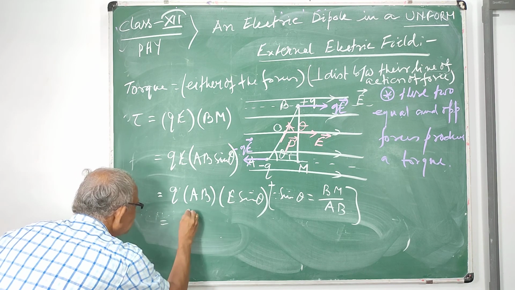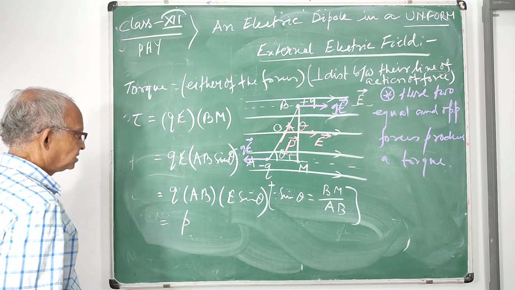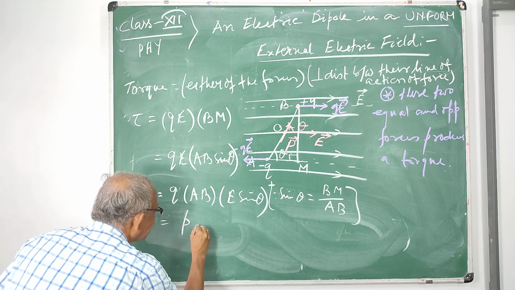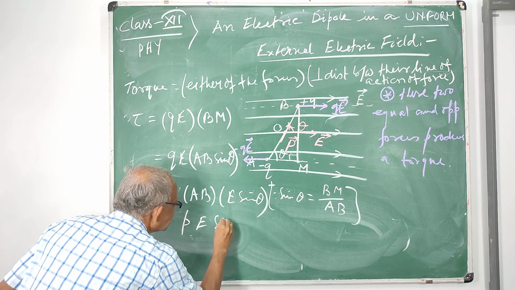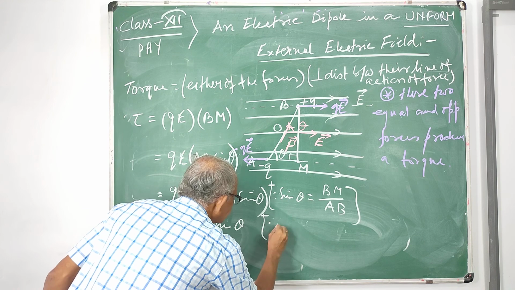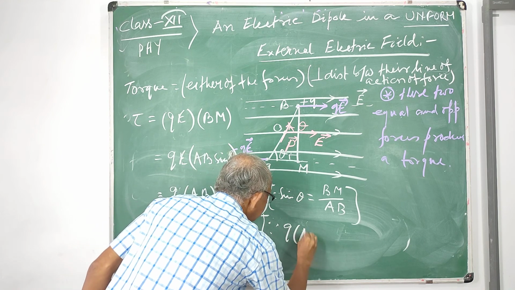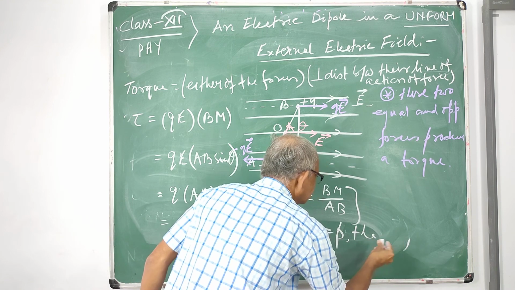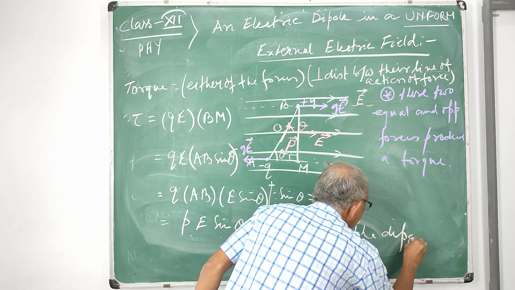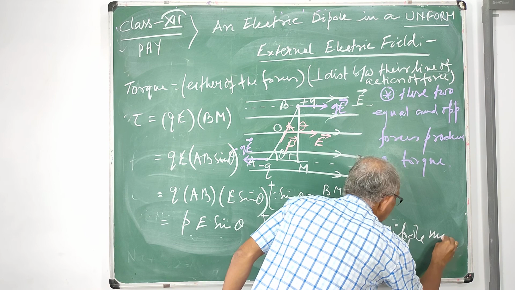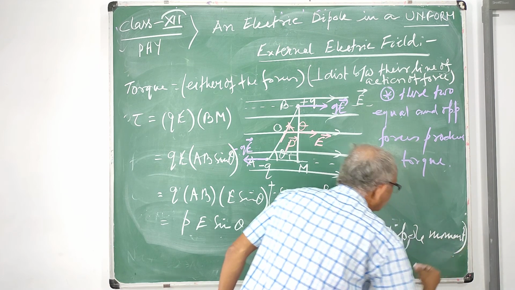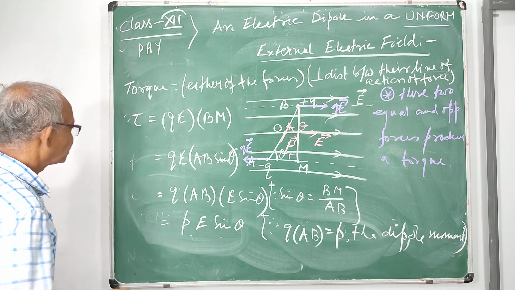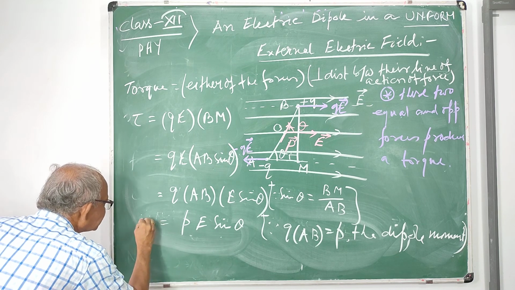Because Q into AB is the dipole moment, since Q into AB equals P, the dipole moment. Okay? So what is the result?